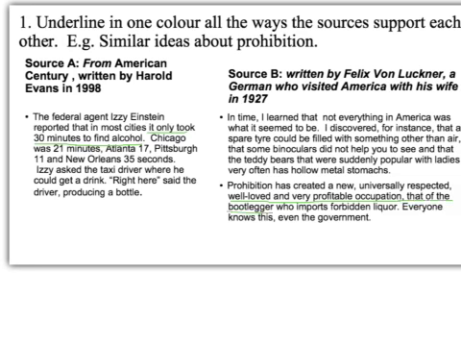Now the reason why I have chosen these two to match each other is that they support each other because they are both showing there is a demand for alcohol. Therefore, they are both showing that prohibition was not popular and people chose to ignore the laws. Now what I would like you to do is see if you can find any other quotes from source A that are supported in source B.